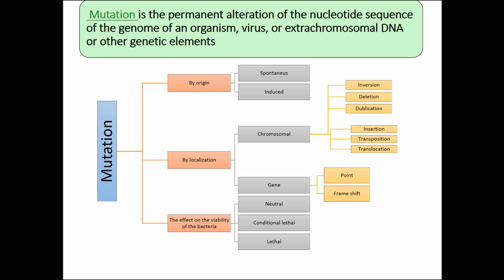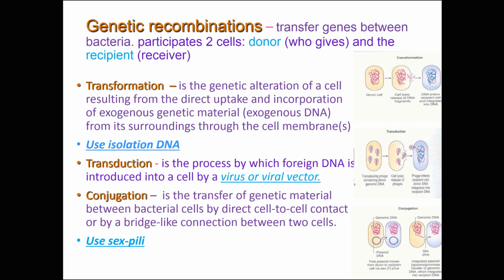If localized in chromosome, we call it inversion, deletion, duplication, insertion, transposition and translocation. If localized in gene, we can differentiate point and frame shift. By effect on the variability of the bacteria: neutral, conditional, lethal mutations.